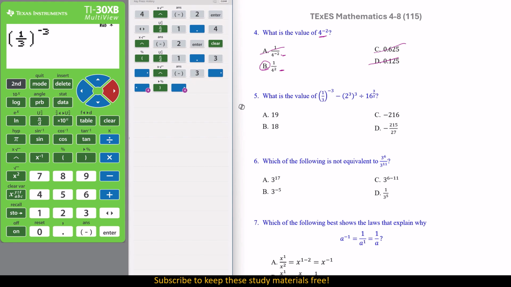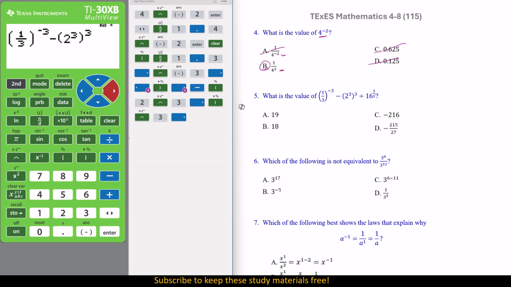Okay. And then you have to arrow all the way over, subtraction, open my parentheses. I have 2, carry it up to the 3. Arrow over, close my parentheses, carry it up, and that is again to the third. Notice how it lifts it up a little.